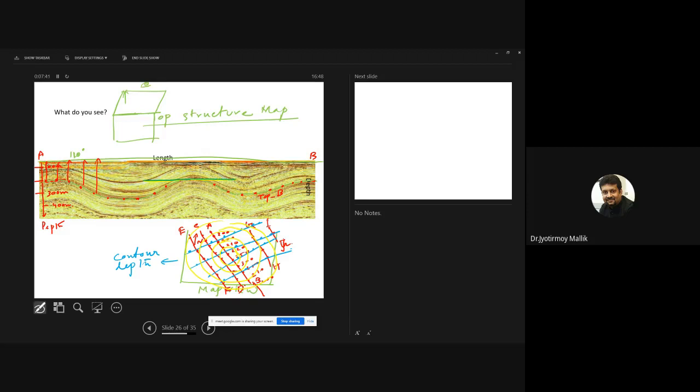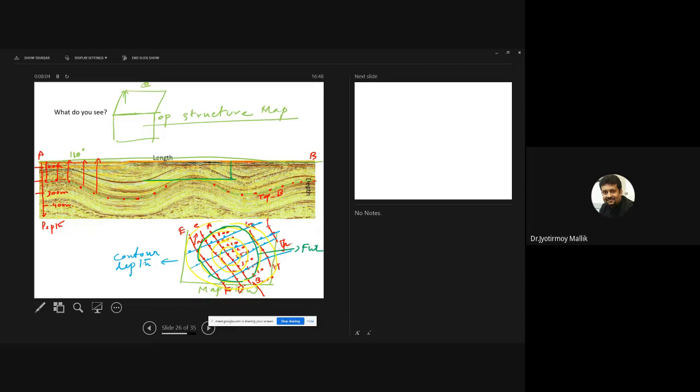So the spill point is also at a depth, right? So that depth may be encountered here, at this depth with respect to the top structure. So I can plot the spill point here, and the spill point is nothing but my free water level.